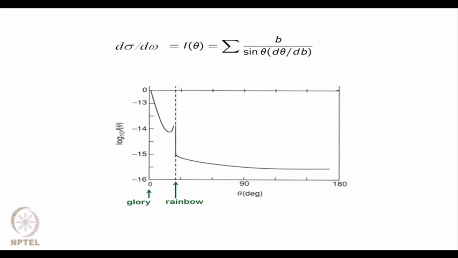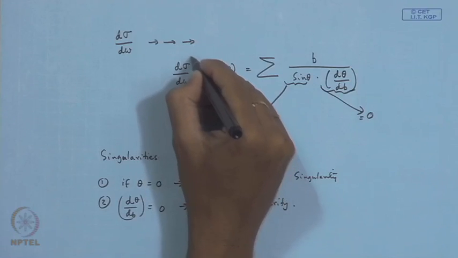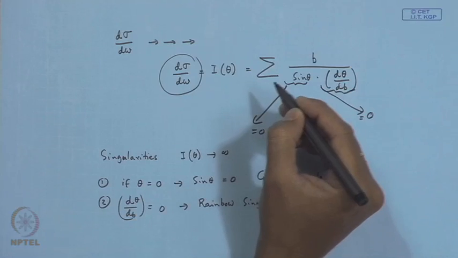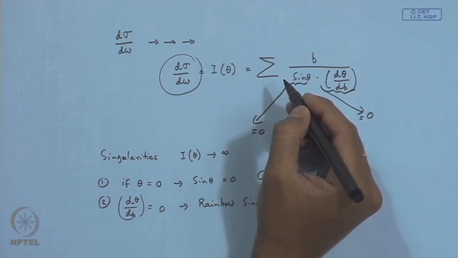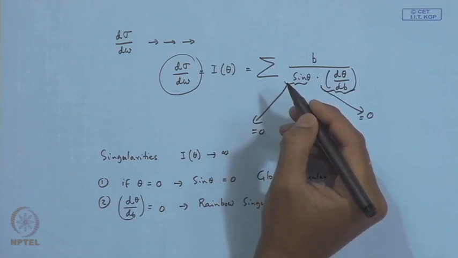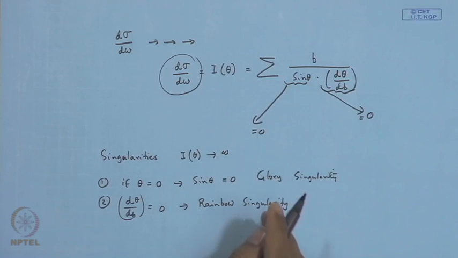So, let us try to see what this is. From the mathematical perspective, the differential cross section becomes very high under these two situations.